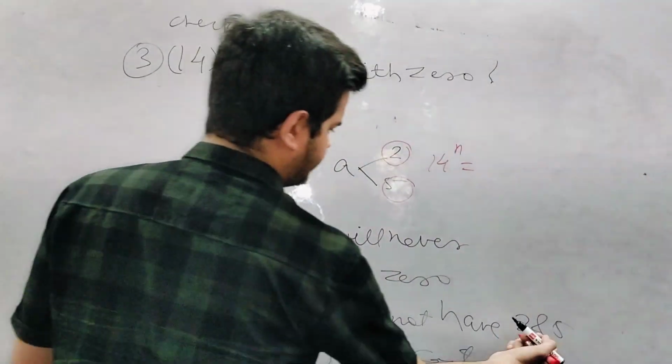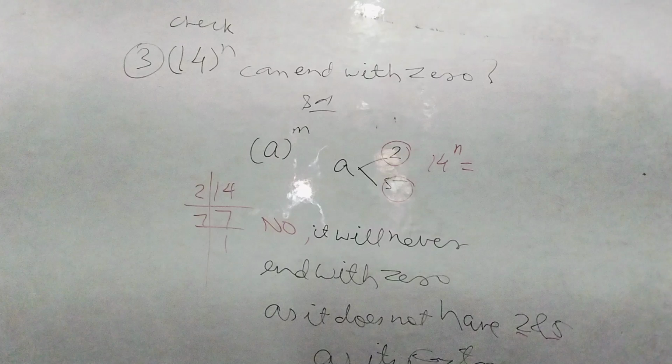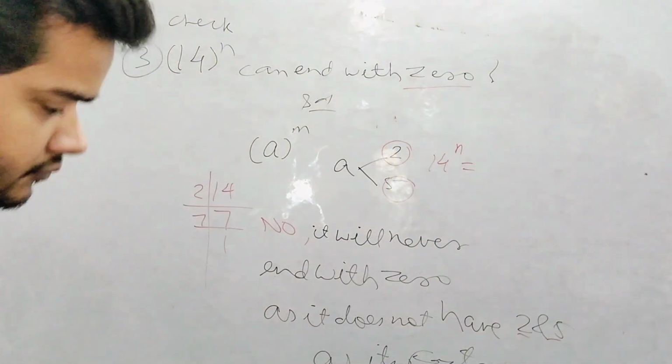Since उसके 2 और 5 फैक्टर नहीं है, इसलिए वो कभी भी 0 पे एंड नहीं होगा. Note it down.